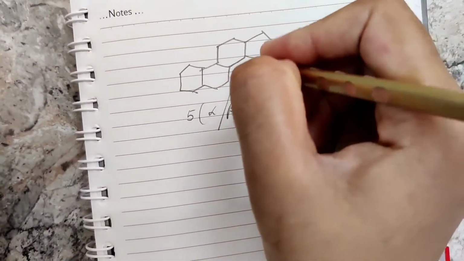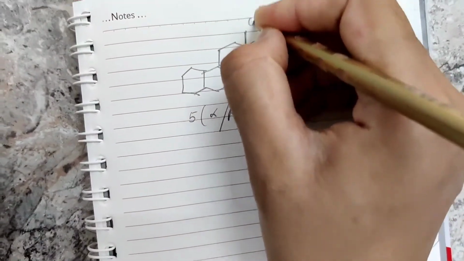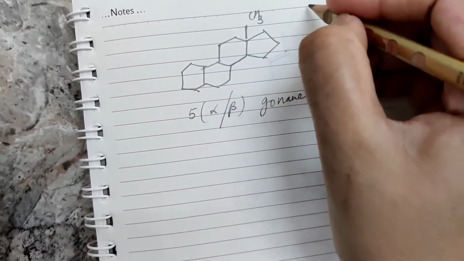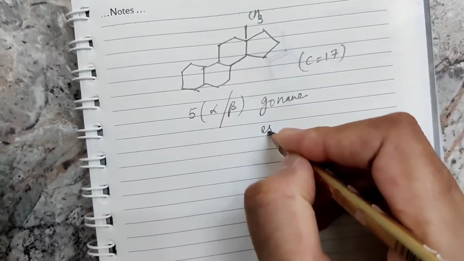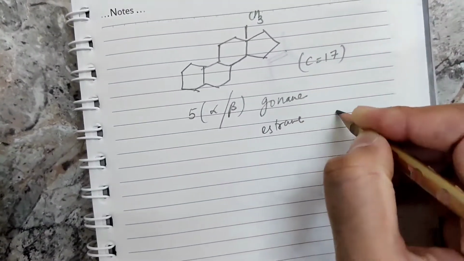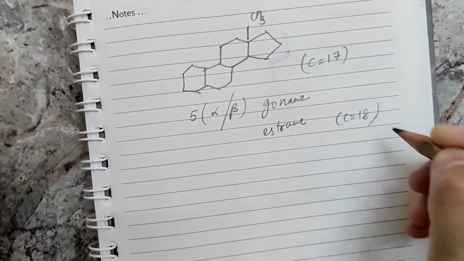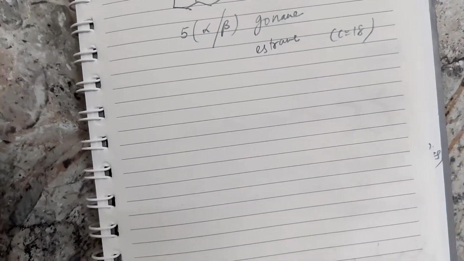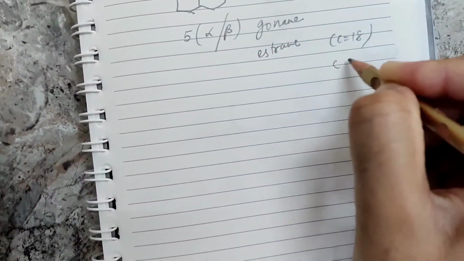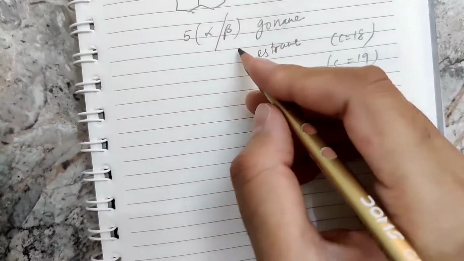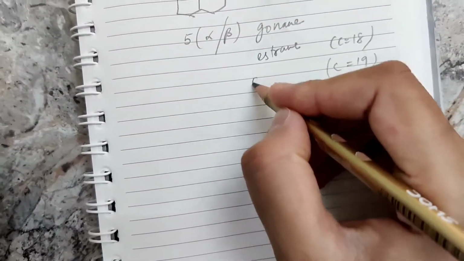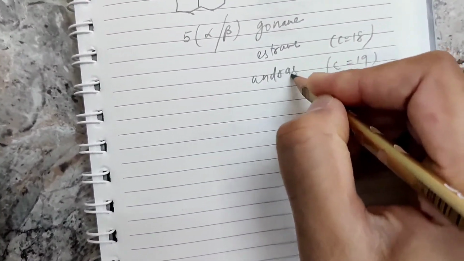If this ring has one more methyl group attached here, it will become 5 alpha or beta estrane. Now the carbon atoms are 18. If it has one more methyl group, carbon atoms will be 19, and it will become 5 alpha or beta androstane.